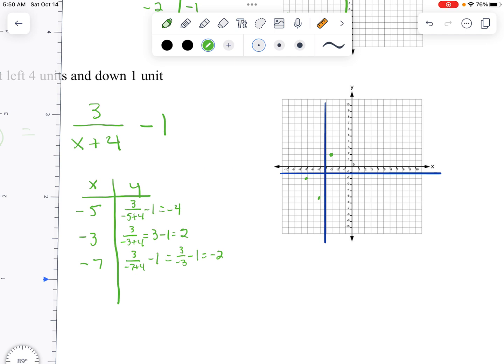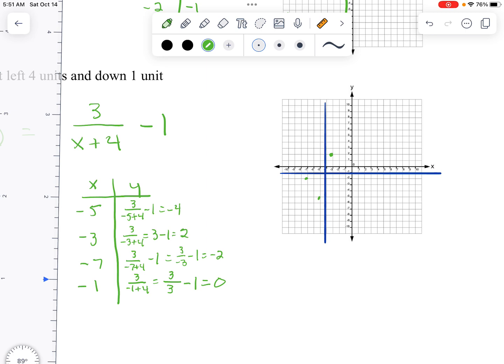And let's pick another one. If I do negative 1, why did I pick negative 1? I picked numbers that work out easily. So I picked negative 1 because negative 1 plus 4 is 3. 1 minus 1 is 0.